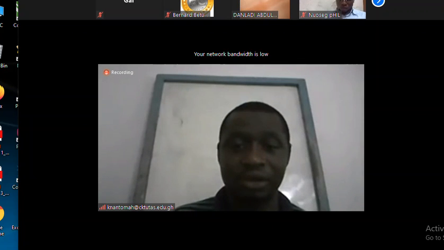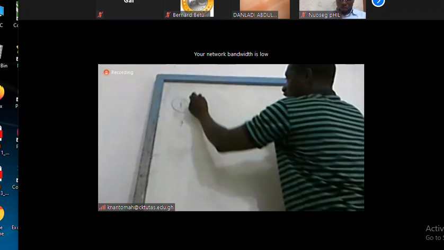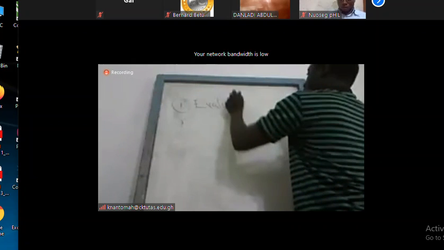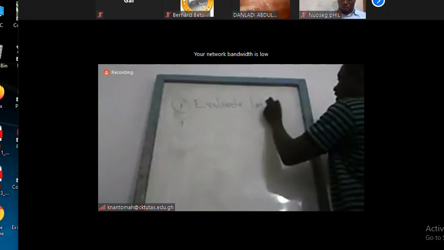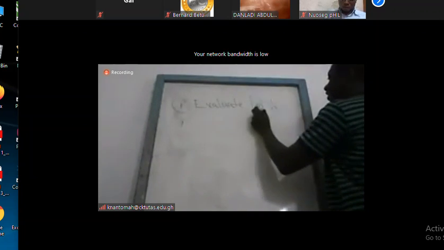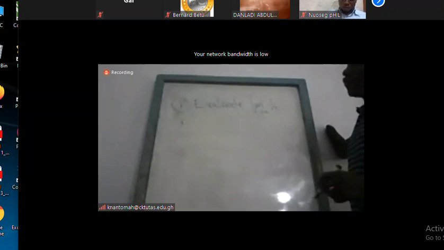So I will start with the very simplest form. So let's take this one. If we were to evaluate the limit of 1 over n as n goes to infinity, I'm starting with the very simplest form.